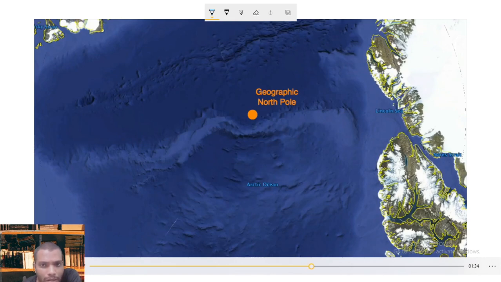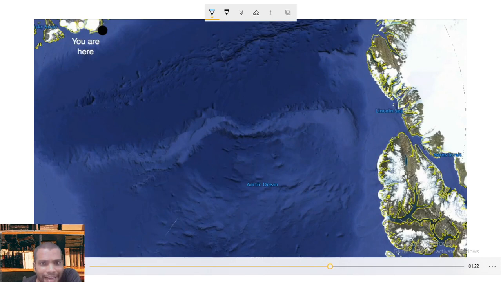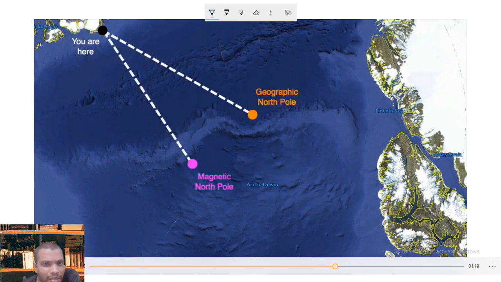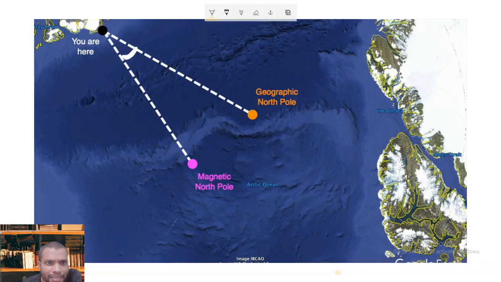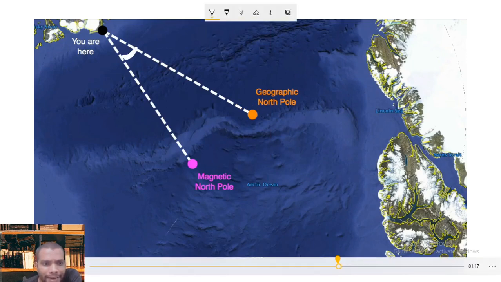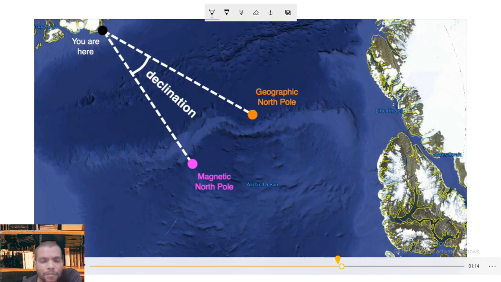The geographic north pole and magnetic north are at different locations, and if you are measuring the angle between geographic north and magnetic north at a point, right here, that angle we define as the declination angle. With the help of these two, the angle of inclination and the angle of declination, we try to measure the magnitude of the magnetic field at a given location.